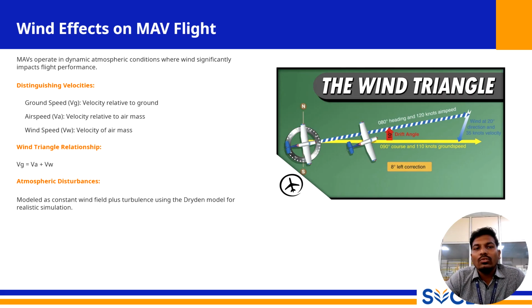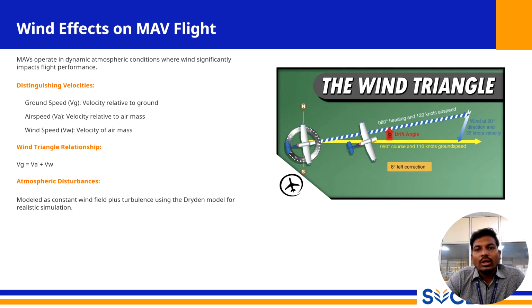To properly handle this, we must distinguish between velocities. There are three key velocities we need to define. First, ground speed, Vg, which is the MAV's velocity relative to the ground. This is what matters for the mission. It is how the drone is actually moving across the landscape. The second is the airspeed, Va, the MAV's velocity relative to the air mass.